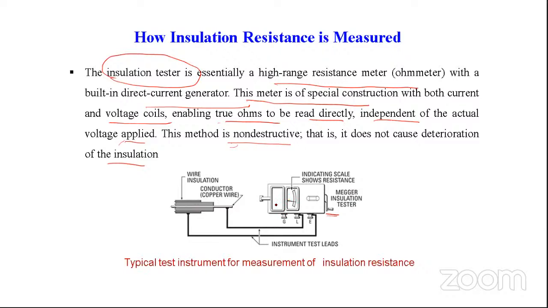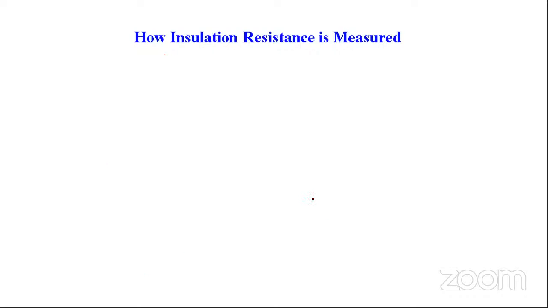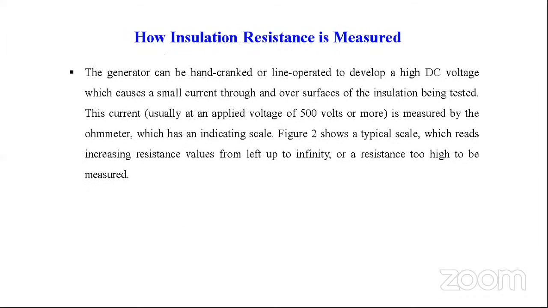This is the insulating material placed between the electrodes, and as you gradually generate the voltage, you connect the terminal across where the insulating material is placed, so you can measure the resistance using this insulation tester.